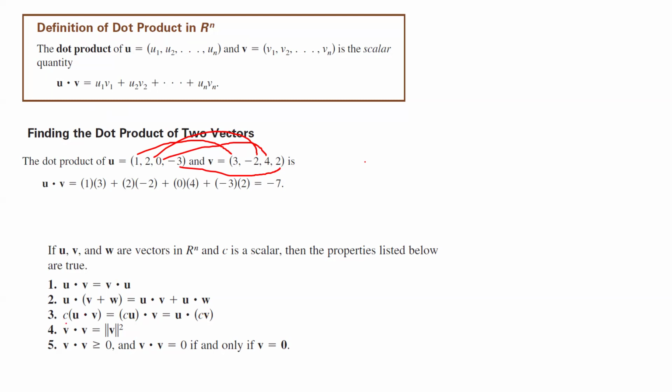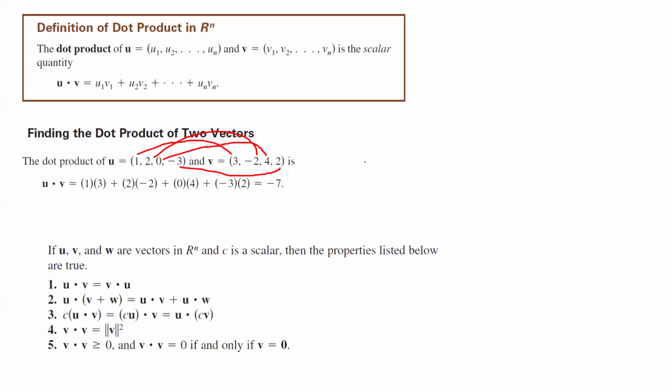So you can move this c inside and group it with the first vector or the second vector, not both of them, everybody. You cannot distribute this over the dot product. It is not cu dot cv. That is wrong. Just one of them.